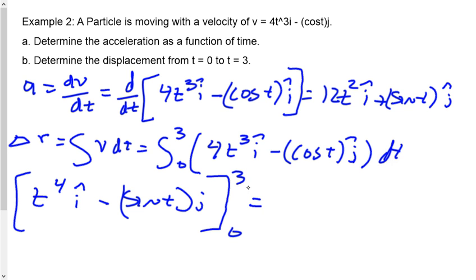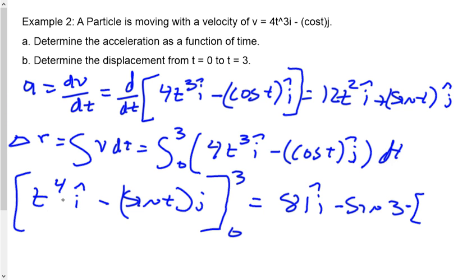Okay, so what does that equal? When I plug in 3 and I cube it, I do get 81. So that'll be 81, and that would be multiplied by our unit vector i. Okay, and then minus the sine of 3. Now we have to remember we must plug in 0 each time and subtract that.